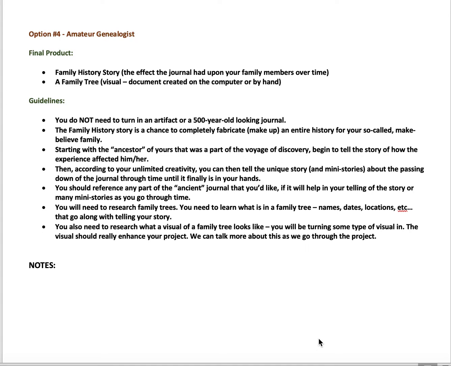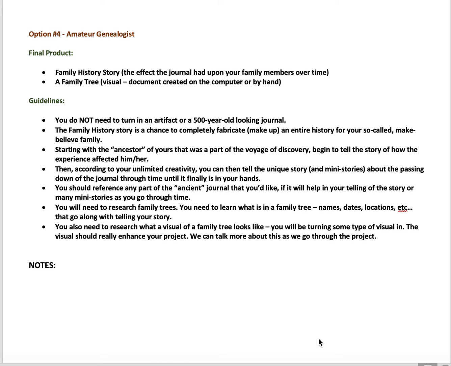Okay, and they kept this journal. That's your group's journal. And what's going to happen is that journal is going to be handed down over time. Remember, the Explorer sim took place in 1499. And so over time, through your fake family history, certain people in your family have received that journal.